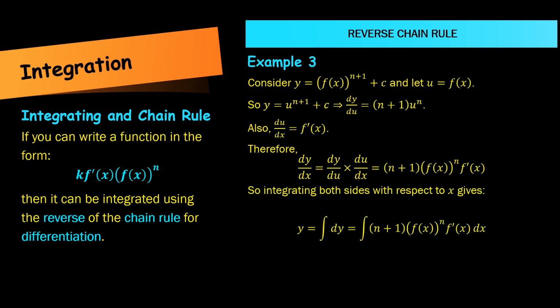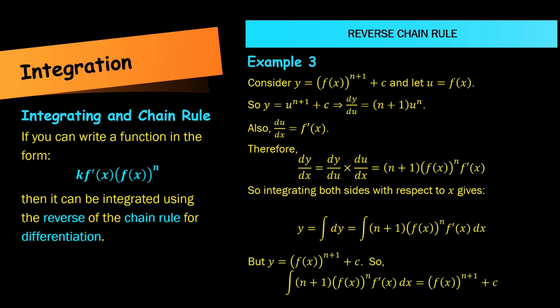And so if we integrate both sides with respect to x, we have y equals the integral of dy equals the integral of n plus 1 times f of x to the power n times f dash of x dx. However, we know that y equals f of x to the power n plus 1 plus c, and therefore we can equate this to the integral we have.